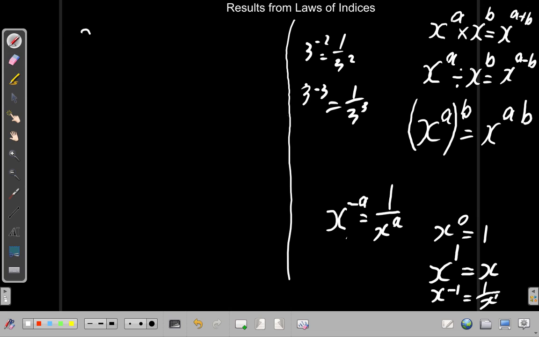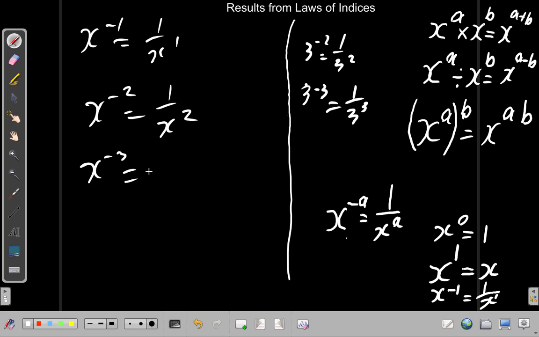Therefore, x to the negative 1 is 1 over x to the 1. x to the negative 2 is 1 over x to the 2. x to the negative 3 is 1 over x to the 3. x to the negative 4 is 1 over x to the positive 4, right?